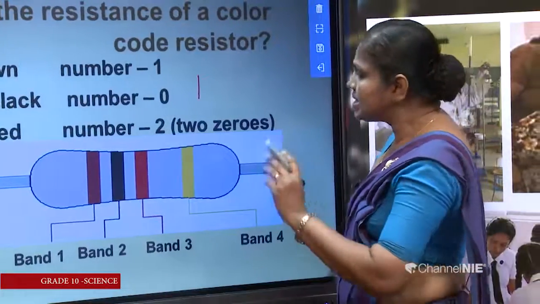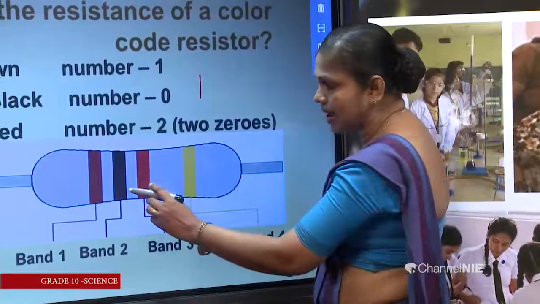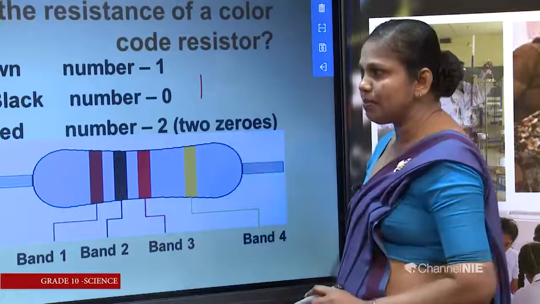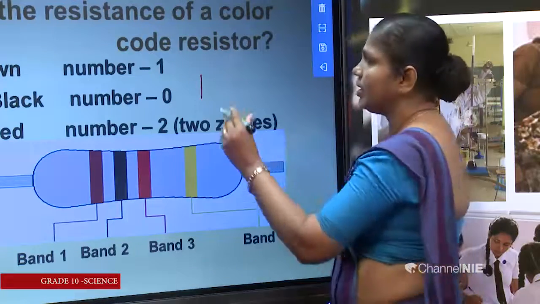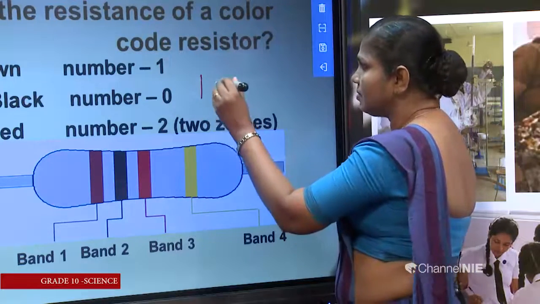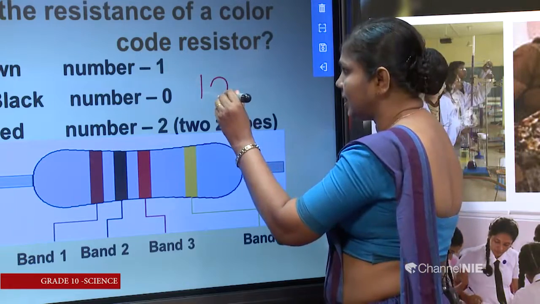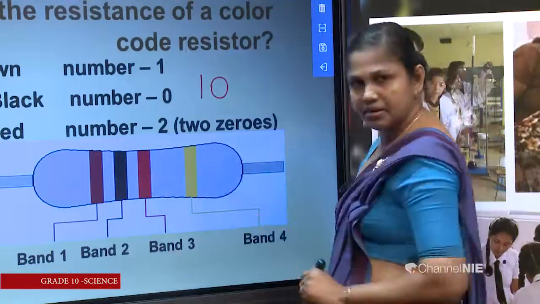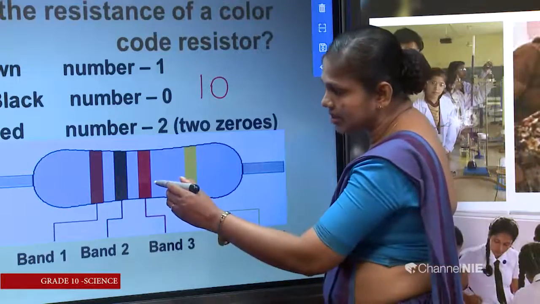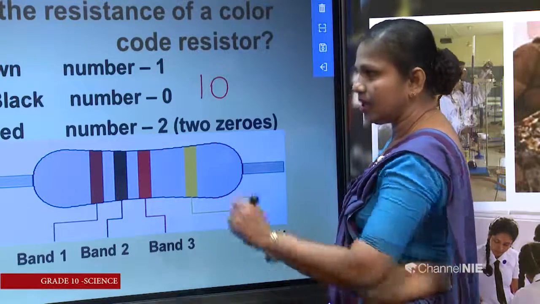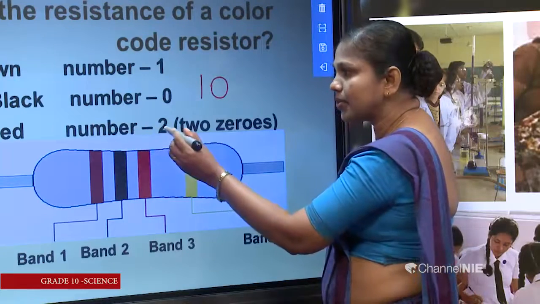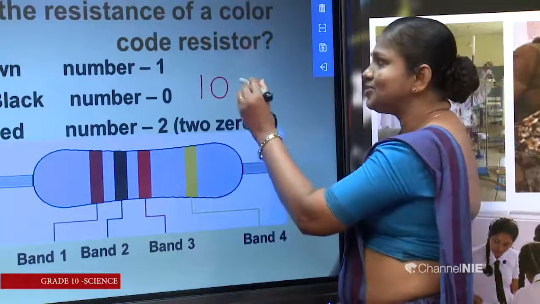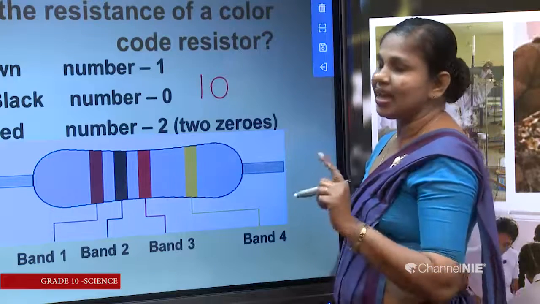Then what's the second color? The second band is black. What's the code number relevant to black? 0. Then after 1, you have to write 0. Then take the third band. What's the color? Red. The code number relevant to red is 2. We are not writing 2 here, children.